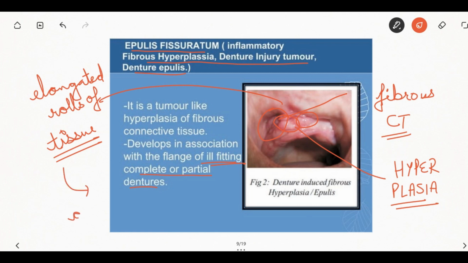This proliferation of tissue is usually slow in developing, and it could be the result of resorption of the alveolar ridge, which could be the cause of ill-fitting denture, causing the elongated rolls of tissue in the mucolabial or mucobuccal fold area.